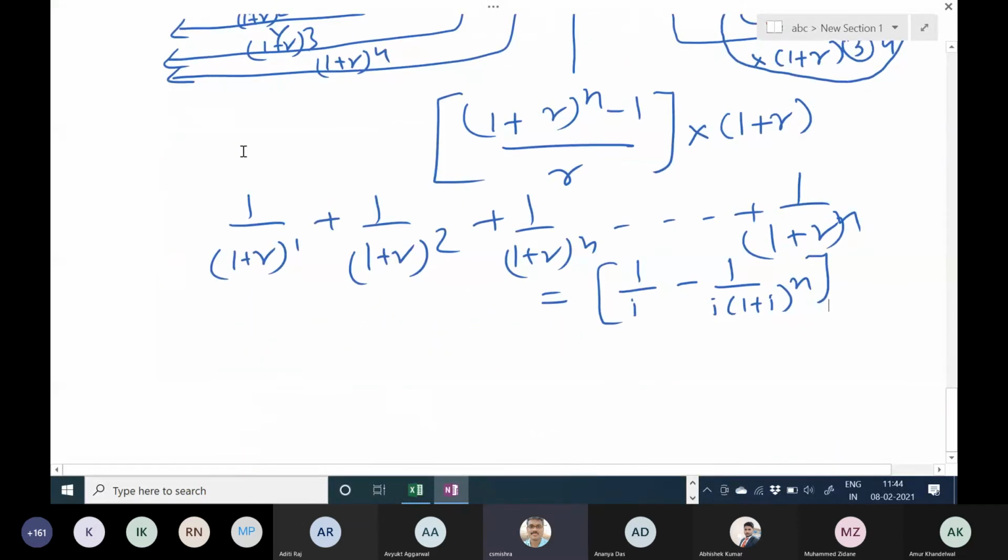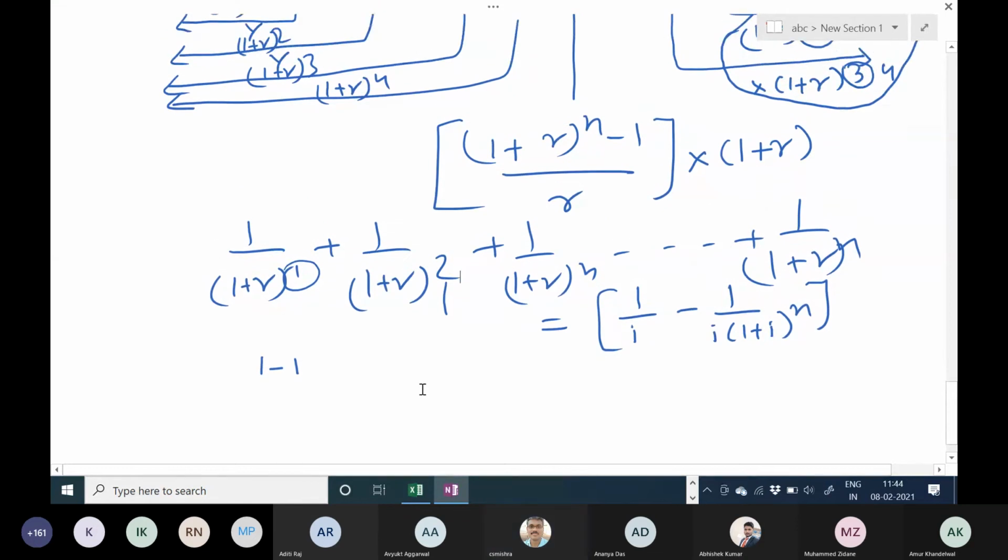That means this one will become 1 minus 1, the second one will become 2 minus 1. So effectively, do I multiply, subtract or divide? Multiply by 1 plus r.